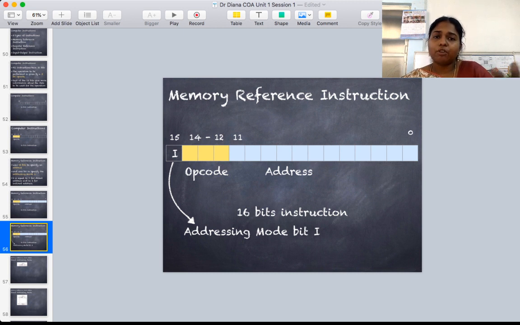So the process of identifying the location of my data from the information given in the instruction is called the addressing mode. Different modes are used to provide the address in different forms, and from those forms I have to locate my data based on the addressing mode that is used.